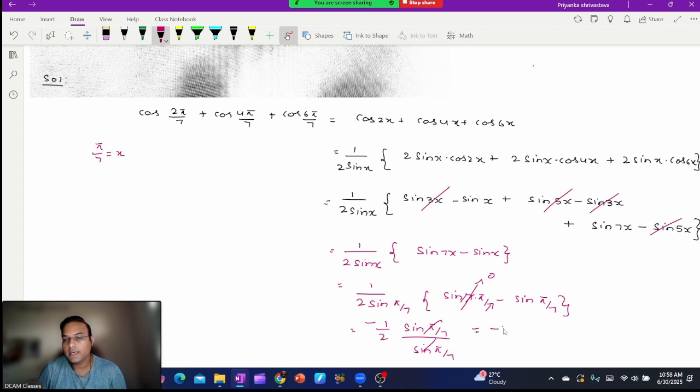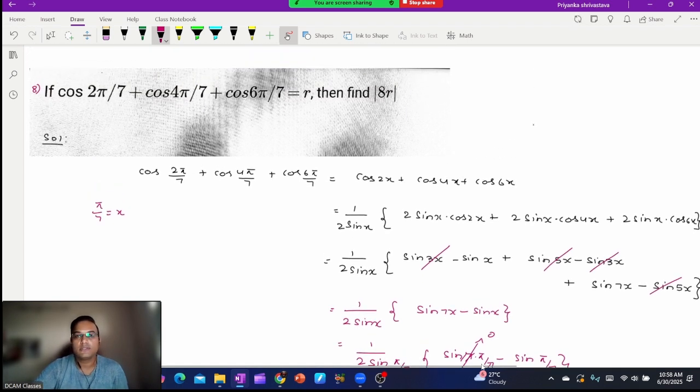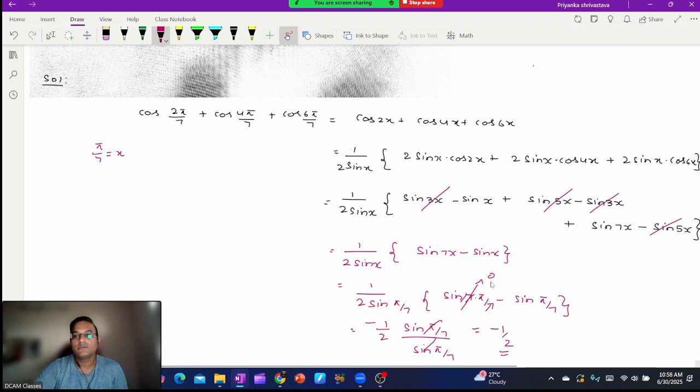So minus 1 by 2 is the answer. So the value of r that you are getting here is r equal to minus 1 by 2. They have asked you the value of 8 mod r, that is 8 into 1 by 2, so it will be 4. 4 has to be your answer.